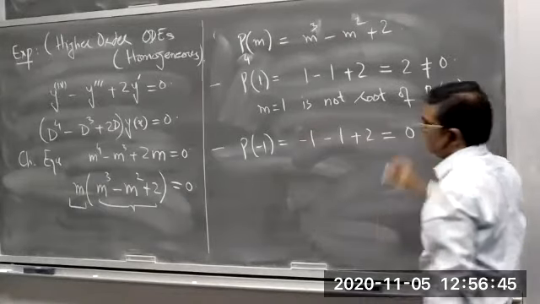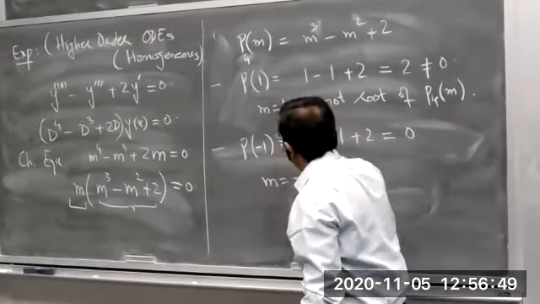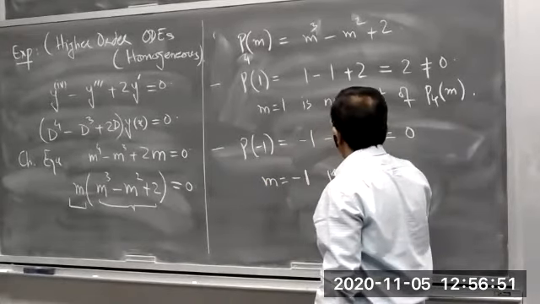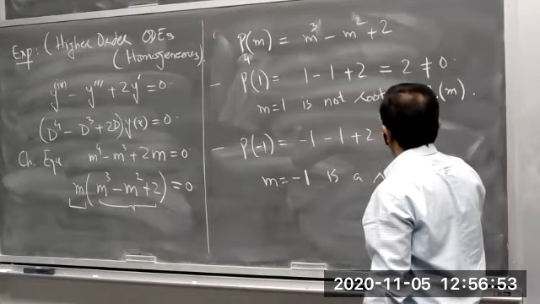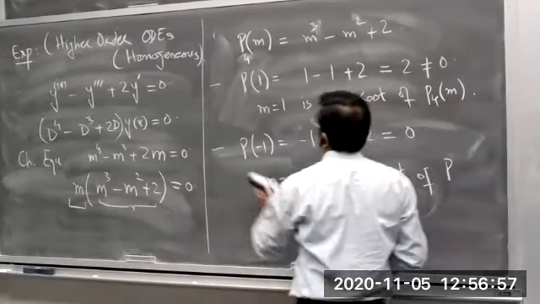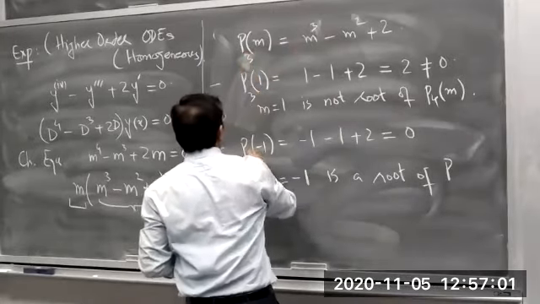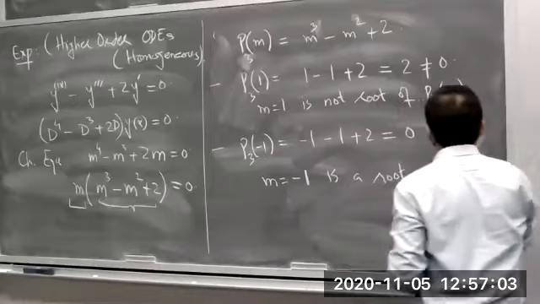So it is 0. It means m is equal to minus 1 is a root of P3, basically, because we have a degree 3 polynomial here.